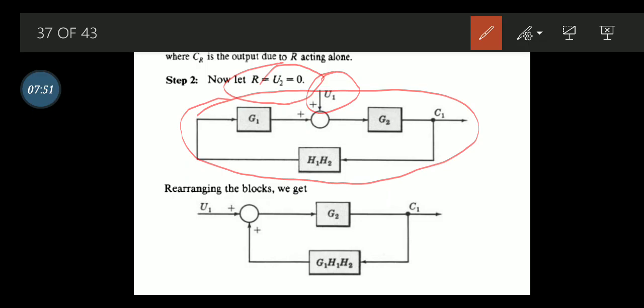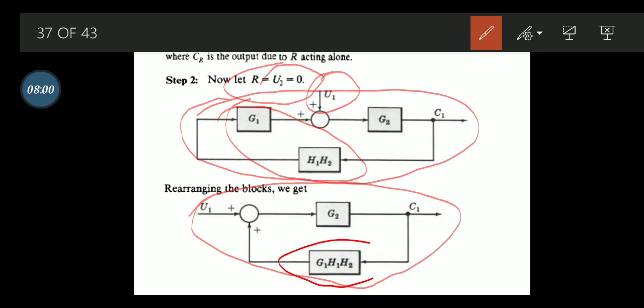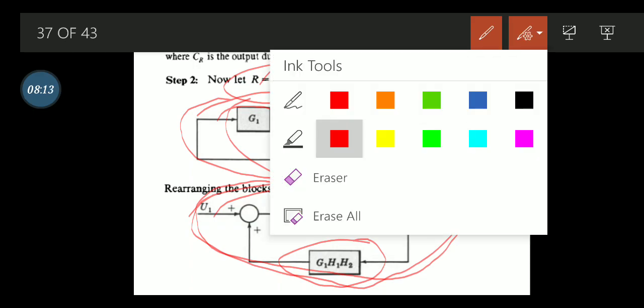Rearranging the blocks, Z1 H1 H2 are in cascade form, so eliminate this cascade block. This will become Z1 H2, and H2 can be represented in a single block, and this is the equivalent block diagram. For this block diagram we need to write the output response.